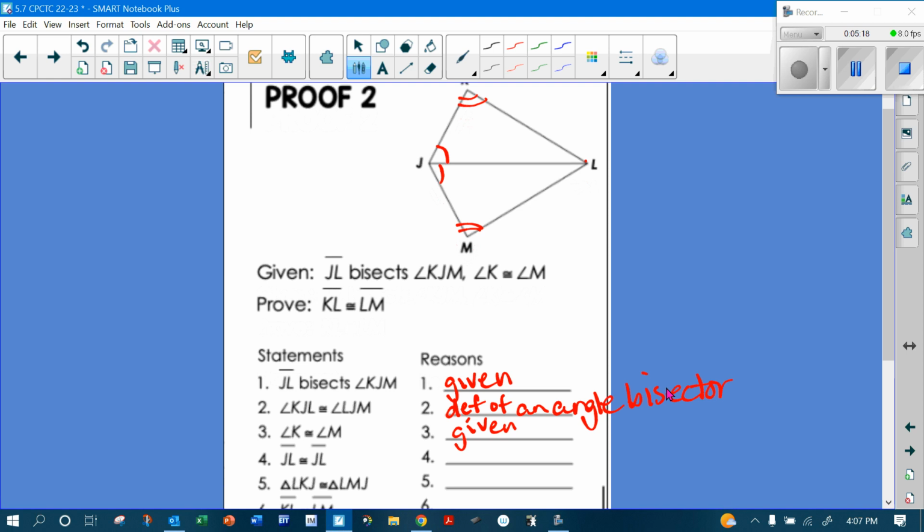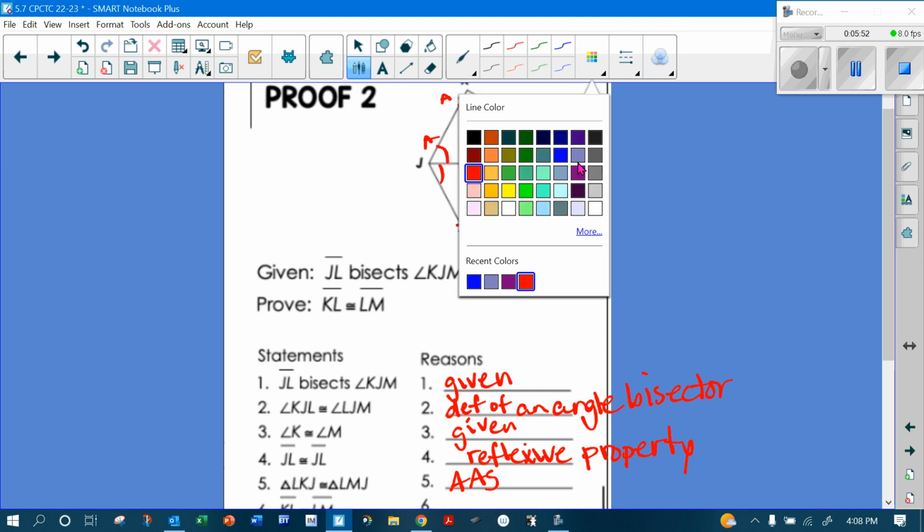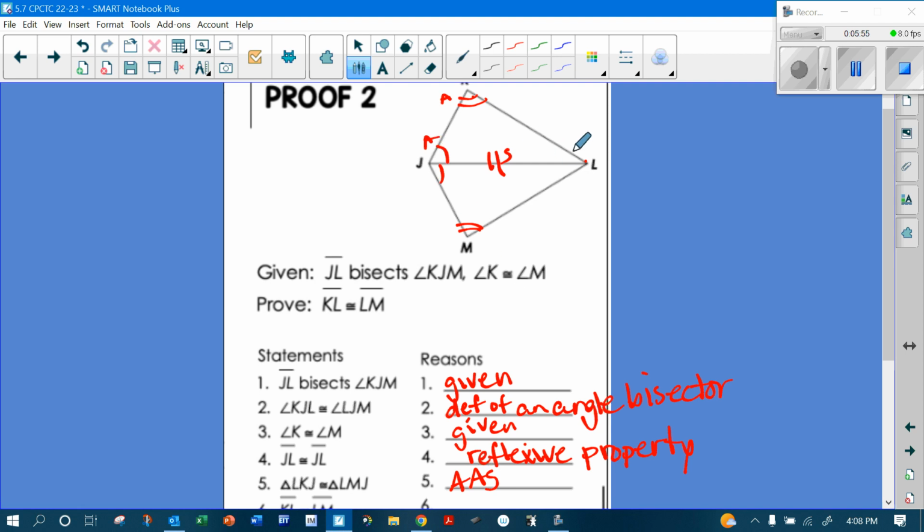All right, so let me scroll up just a smidge here. JL equals JL. Well, the only reason something ever equals itself is the reflexive property. And this triangle up here, LKJ, is congruent to LMJ by angle-side-angle. Now they want me to prove that KL is congruent to LM.